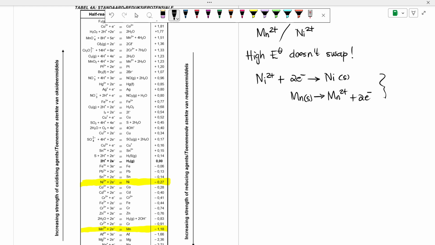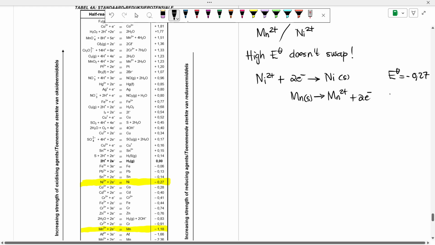Therefore, from here, I can already identify the reduction, the oxidation, the cathode, the anode, stuff like that. So let me just copy this and put them on the question itself. So the E0 for this one is negative 0.27 and the E0 for the other one is negative 1.18 volts.